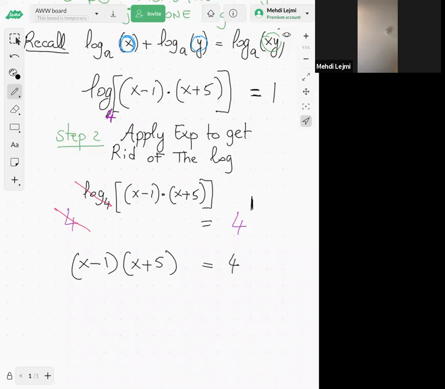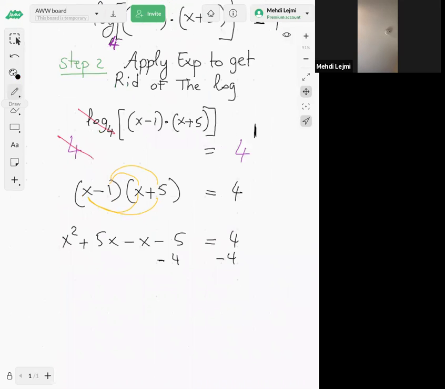Because if you expand, x times x, x times 5, 1 times x, and then 1 times 5, there'll be x squared plus 5x minus x minus 5 equals to 4. All right, so then you can subtract 4 both sides. So we're going to have x squared plus 5x minus x, that's plus 4x, minus 5 minus 4, that's minus 9, equal to 0.